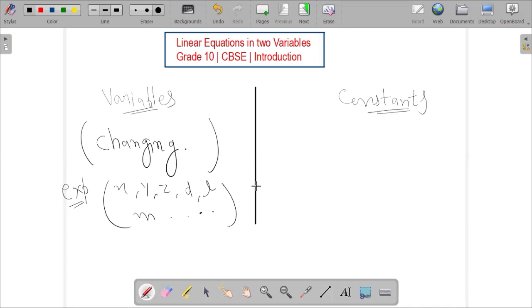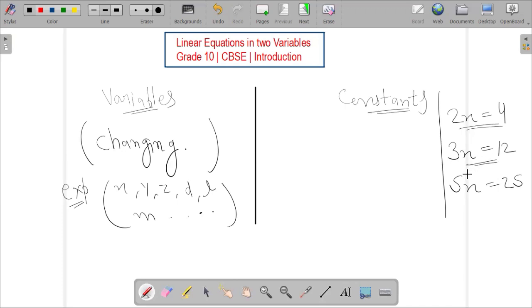How is it changing its value? If I give you this equation, and this equation, or let me write one more, this equation. If you look carefully at these three equations and solve for x, then in the first one the value of x will be 2.